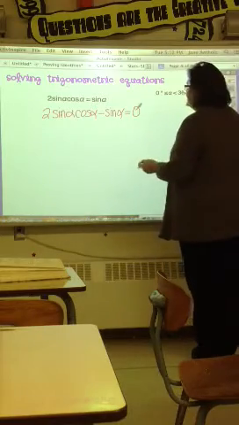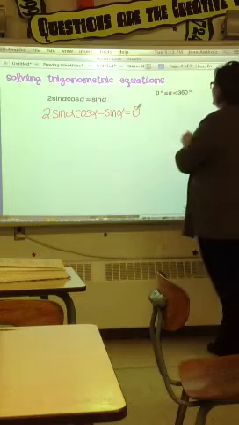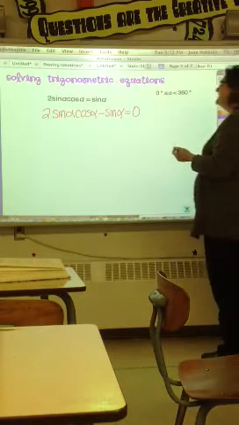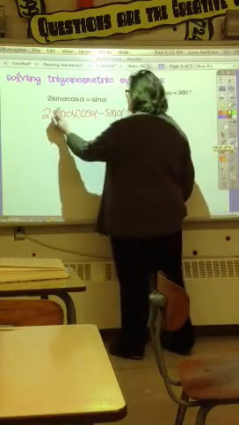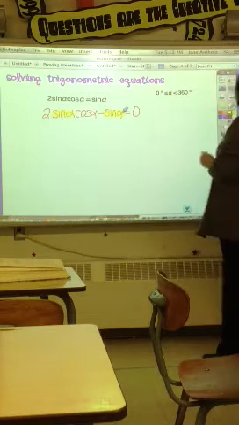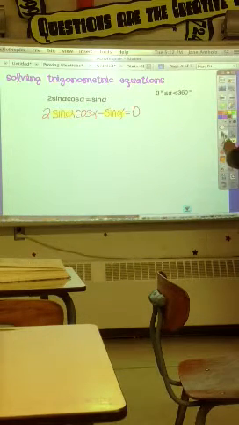So as I look at this, it's a binomial. We have two terms. And looking at the two terms, we look to see if there's something that they share in common. And they do. They both have a sine of alpha.